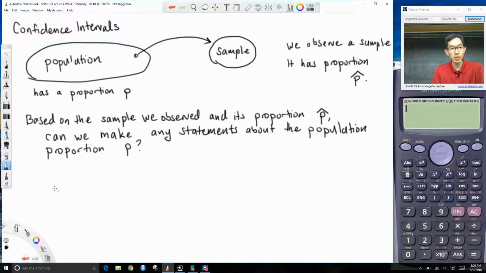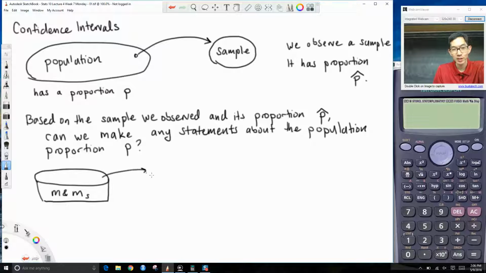So let me just make an example here. All right, so imagine I've got a big bucket or big tub of M&Ms. This time I did not count all of the M&Ms obsessively. I'm going to mix it up, and I'm going to take a scoop of random M&Ms.